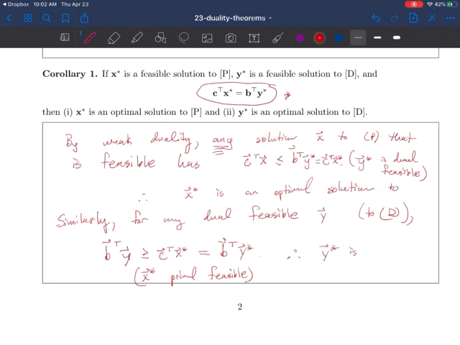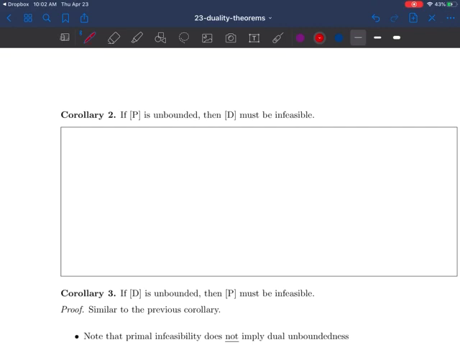Okay, so y star is an optimal solution. Remember, x star is optimal to P, and y star is optimal to D.